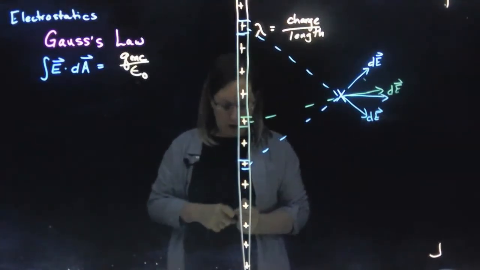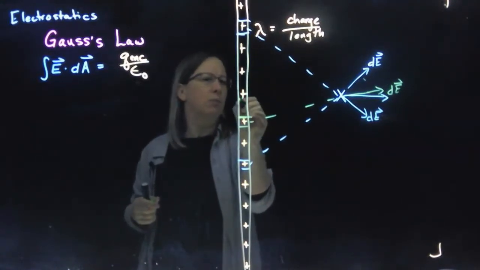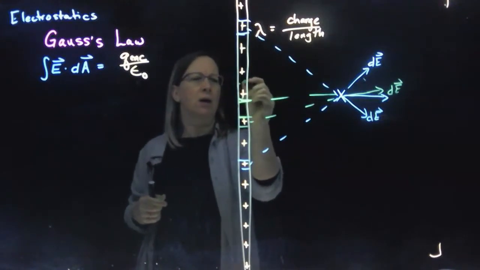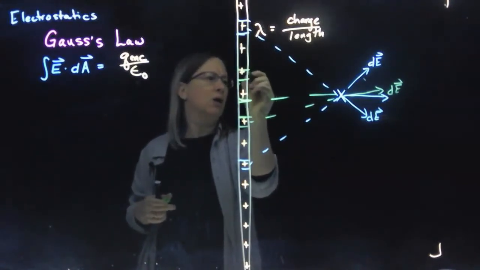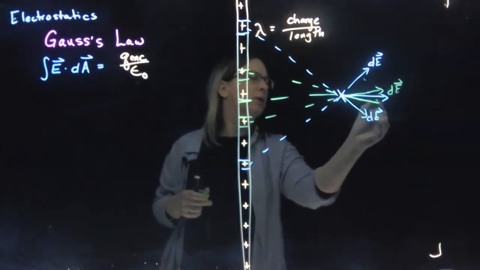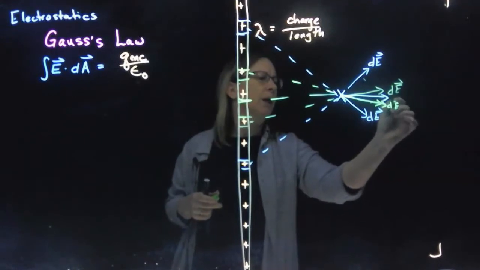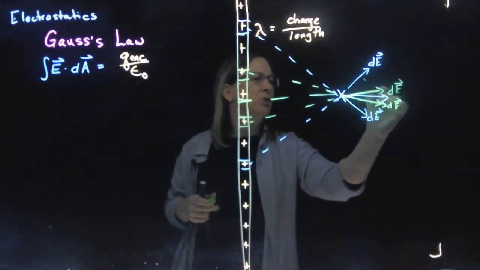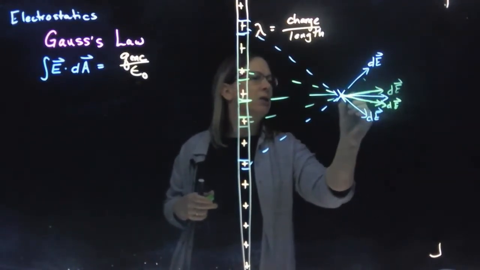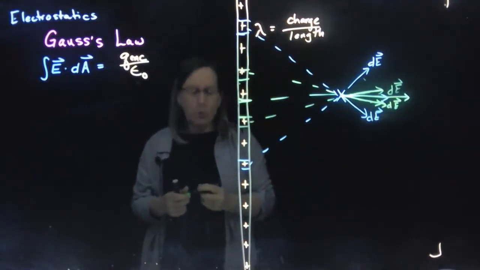Similarly, for this charge, pretty close to my midpoint, I have another bit of charge there that gives me an electric field that just barely points down like this. These 2 green ones cancel out to give me a bigger field, still towards the right.